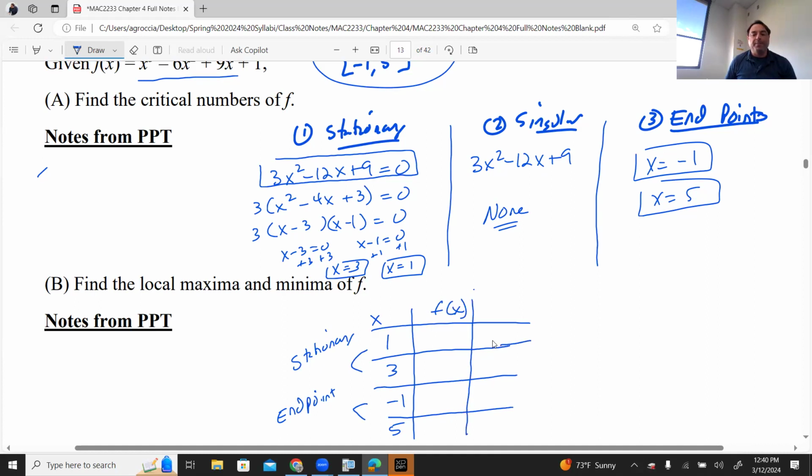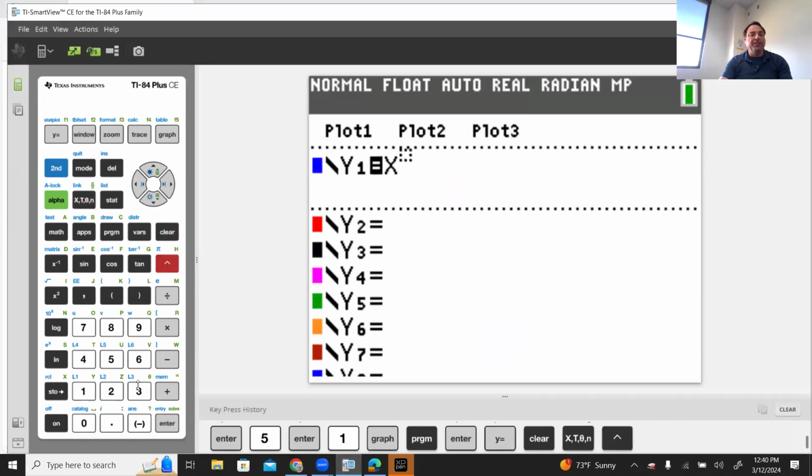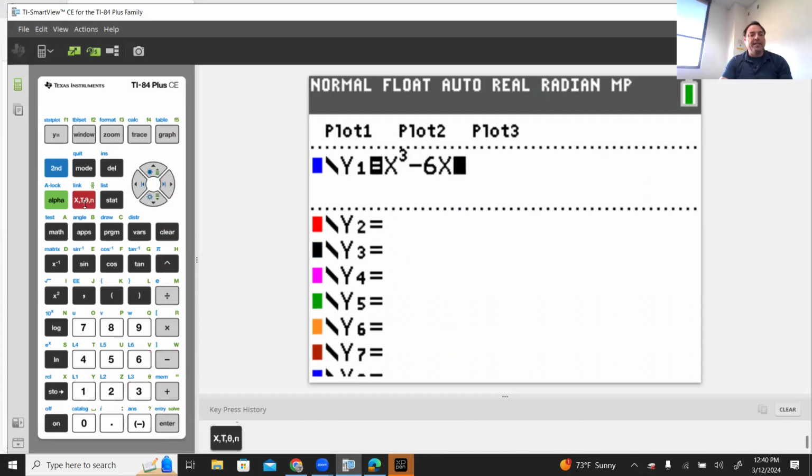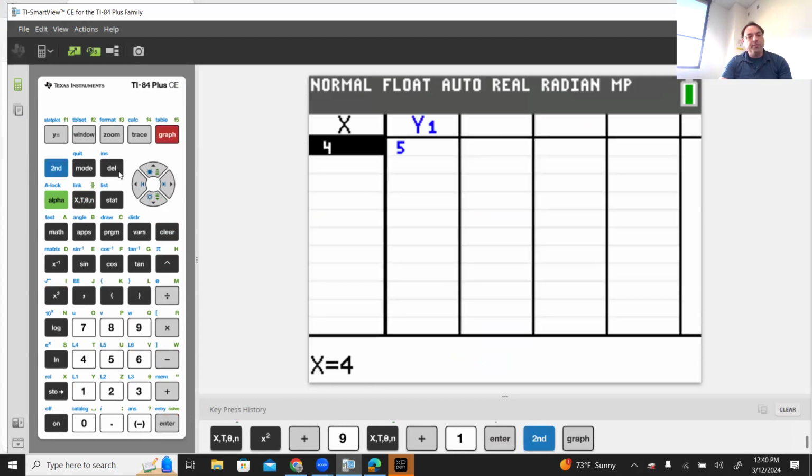Okay, so we go to the calculator, we go to y equals, and in y1 we put the original, which is x raised to the 3 minus 6x squared plus 9x plus 1. We go to the table, second graph, and we plug in the points.